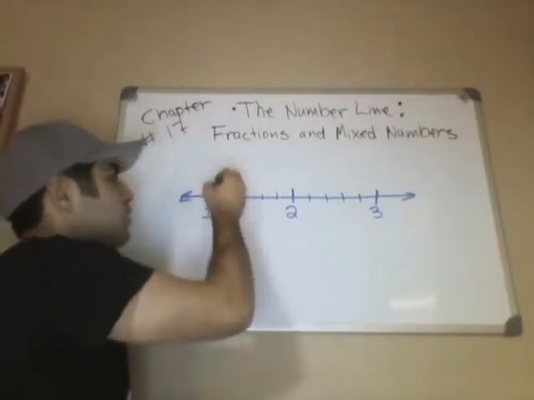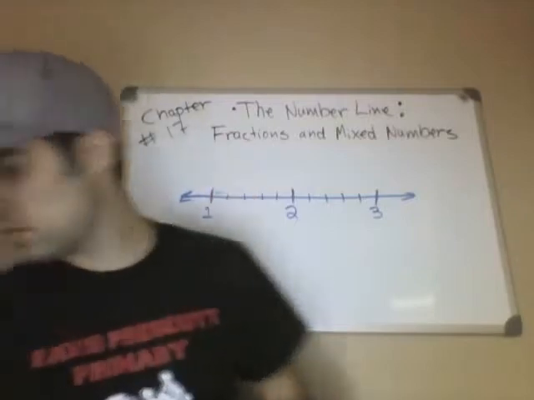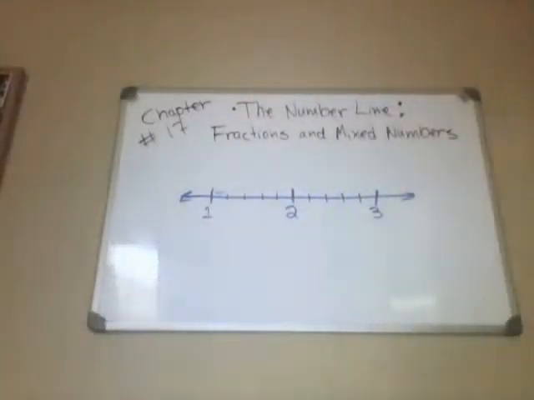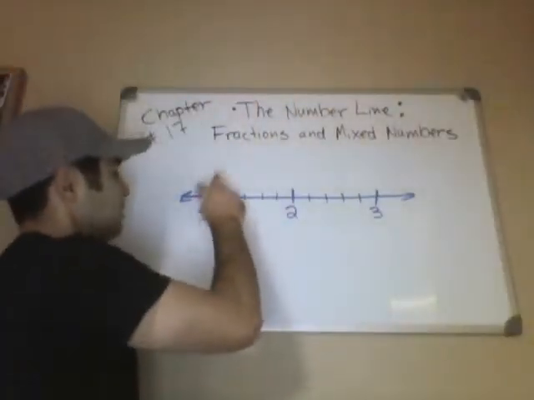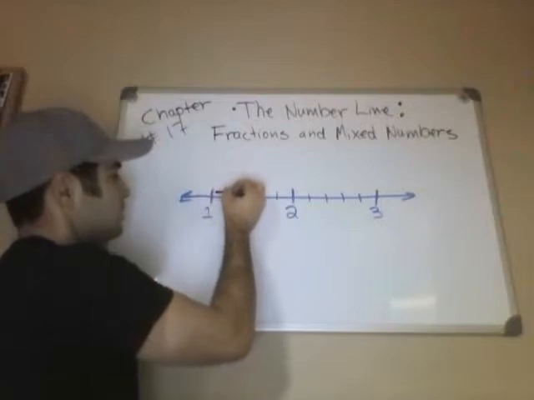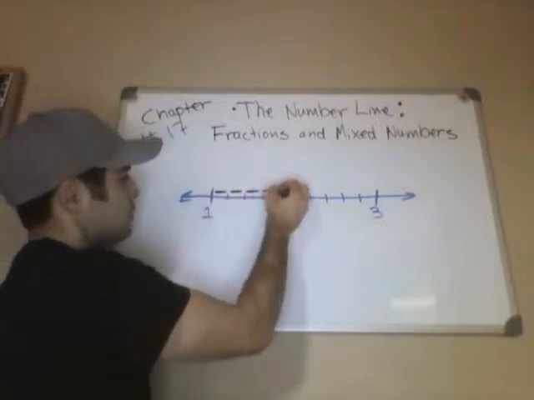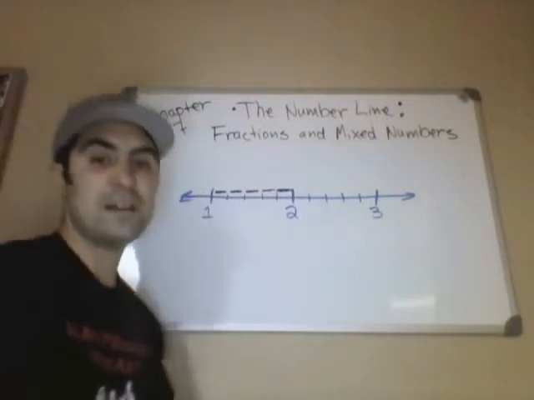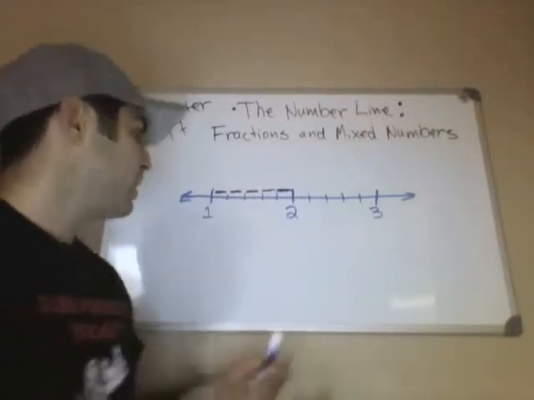So we have 1 space right there. I don't know if you can see it. Let me get a different color. Some of these colors don't work very well. So we have 1 space right here. That's 1, 2, 3, 4, 5. So there's 5 spaces. So this is divided into fifths.